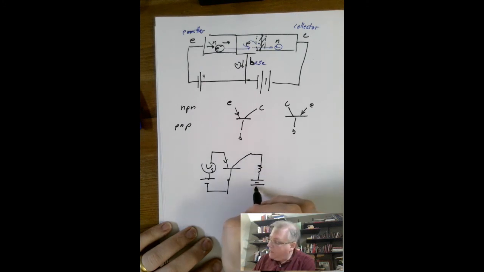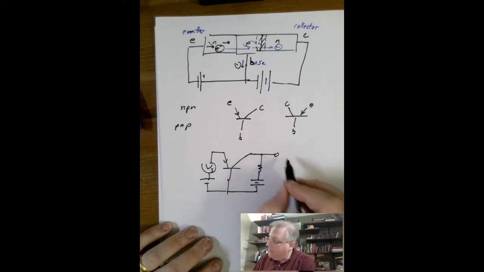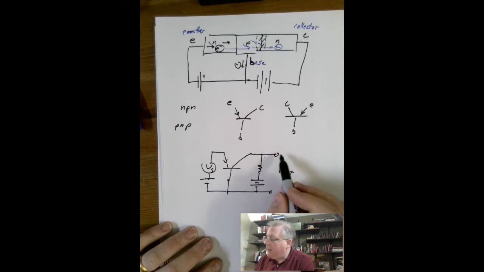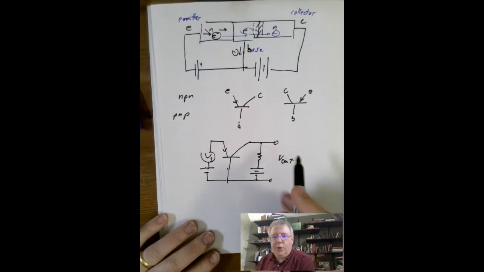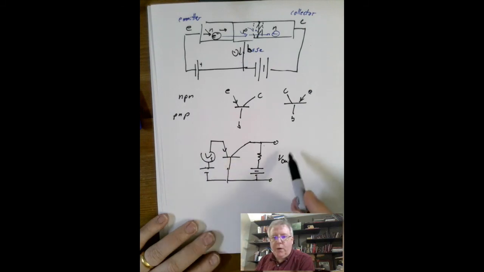And here's my big supply connected to there, and then this is my V out. So the more current that's being carried through here, the more this voltage can change. So changing this small control voltage over here can massively change this large V out over here.